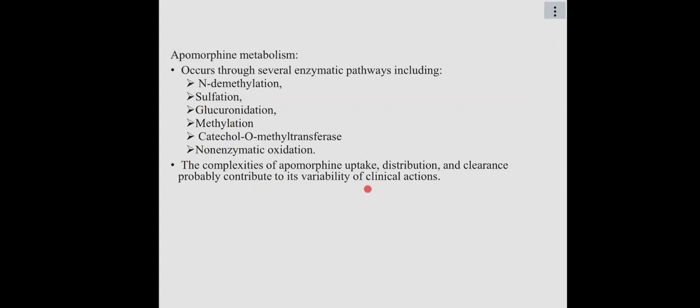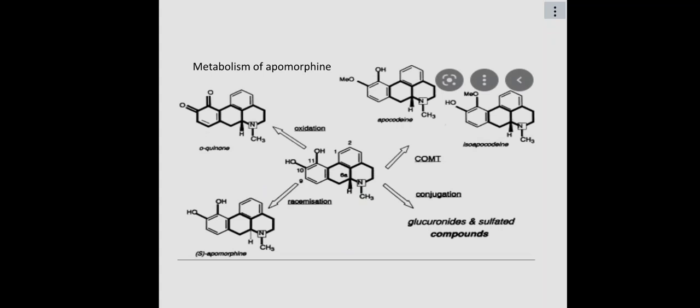The complexities of apomorphine uptake, distribution and clearance. Uptake is the same as absorption. Absorption, distribution and clearance probably contribute to its variability of clinical actions. We did mention that there is that intersubject variation, that variation between one person and another, and therefore, as we had said earlier, you cannot easily standardize the dose of apomorphine.